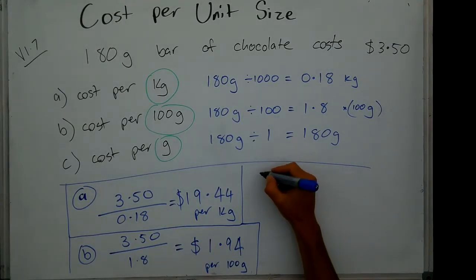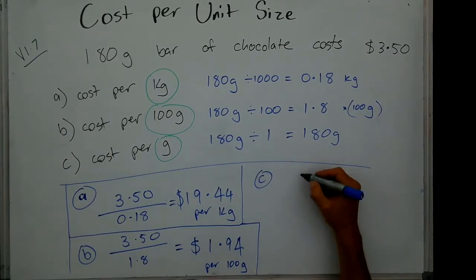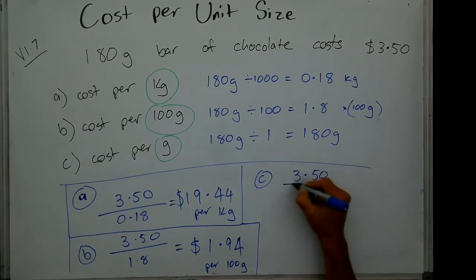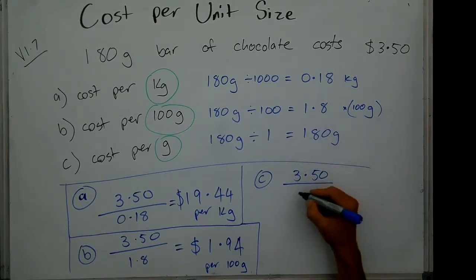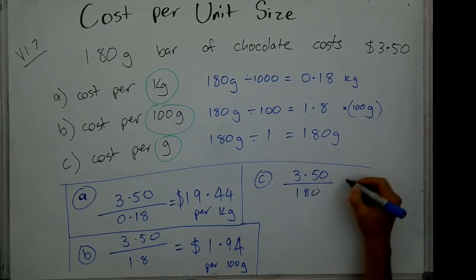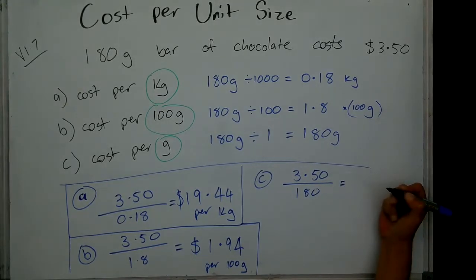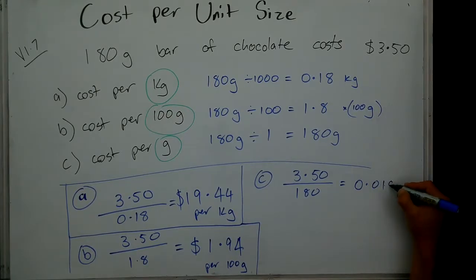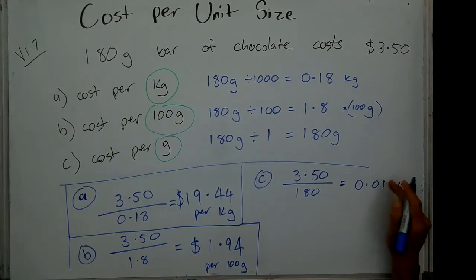And finally part C, cost per gram, same thing, $3.50 divided by how many grams we've got. It's going to be 0.0194.